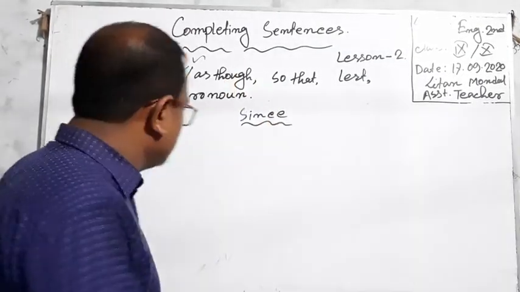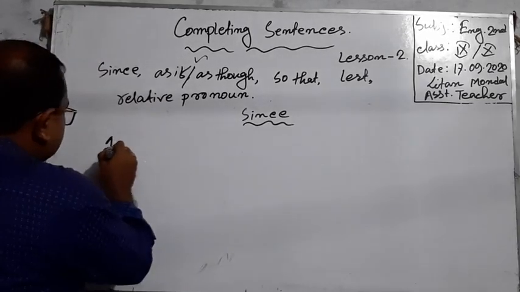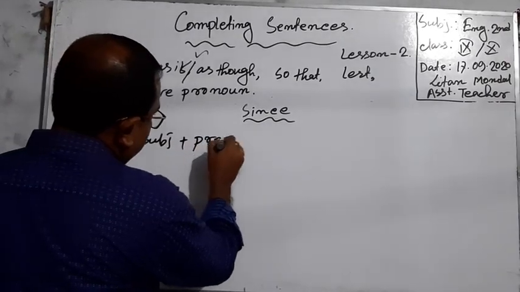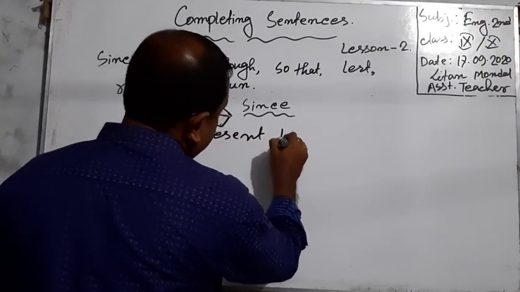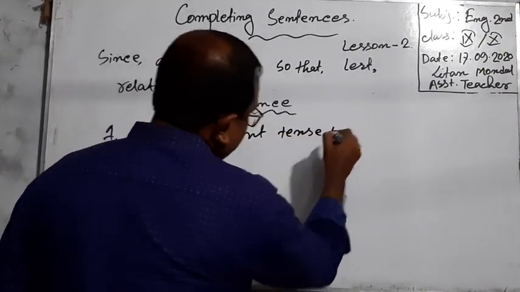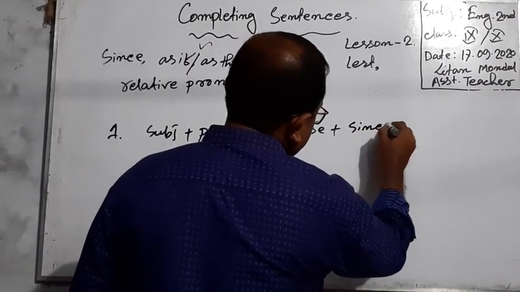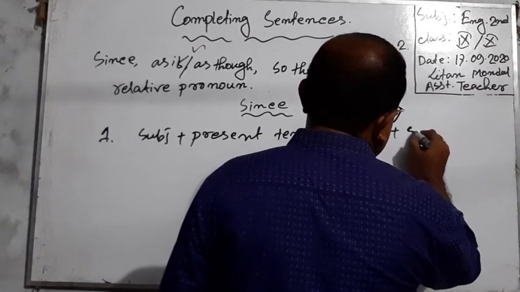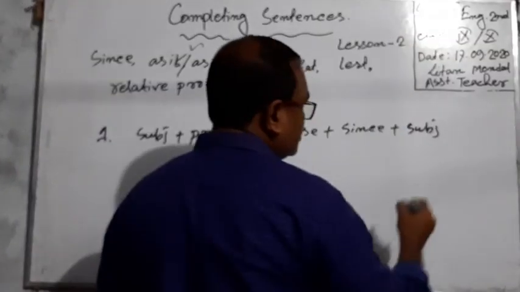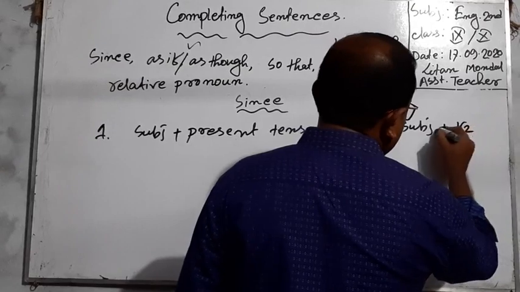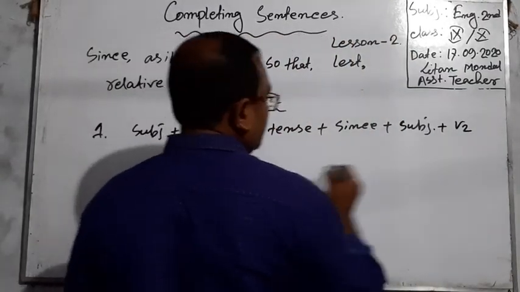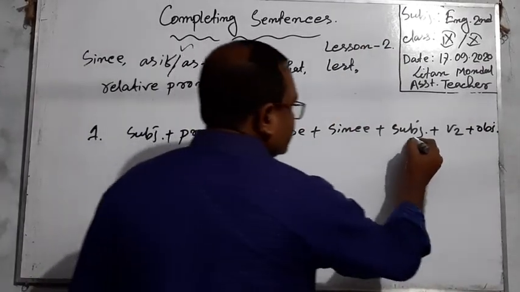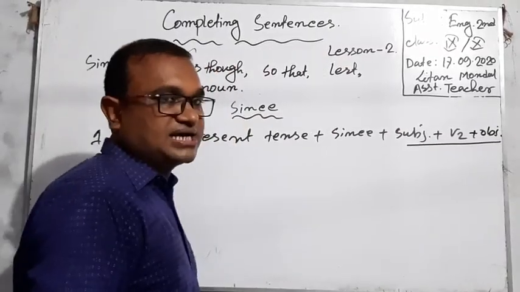Let us see the first structure: subject plus present tense plus since plus subject for the second clause, then V2 plus object. This is the structure of first indefinite tense.